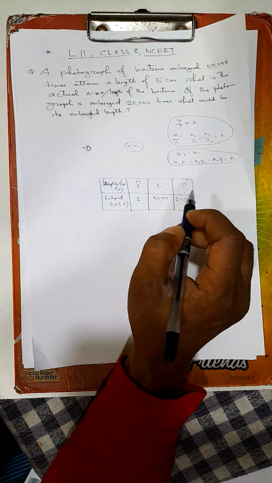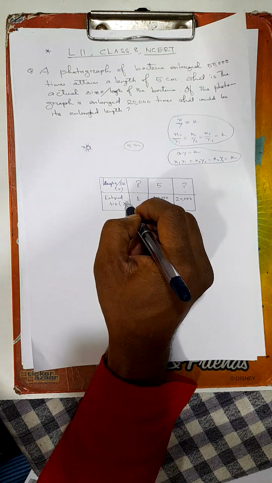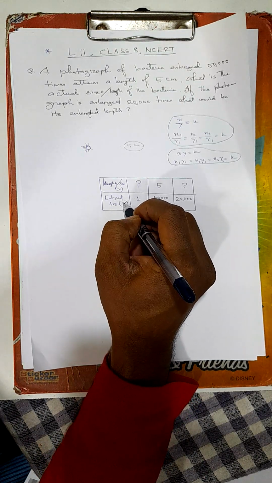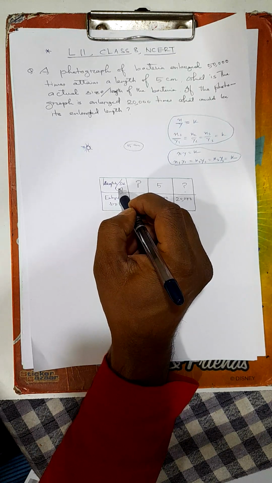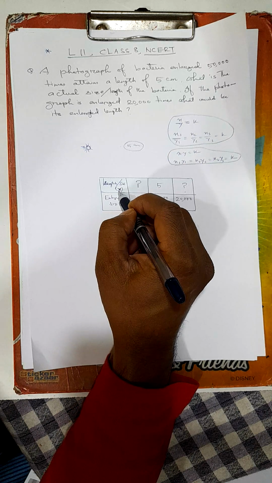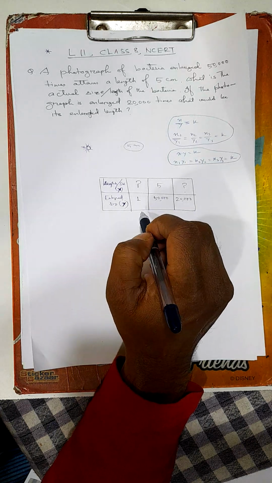It's a question of direct proportion. If you treat the enlargement as y and the actual length as x, you see x and y are directly proportional.